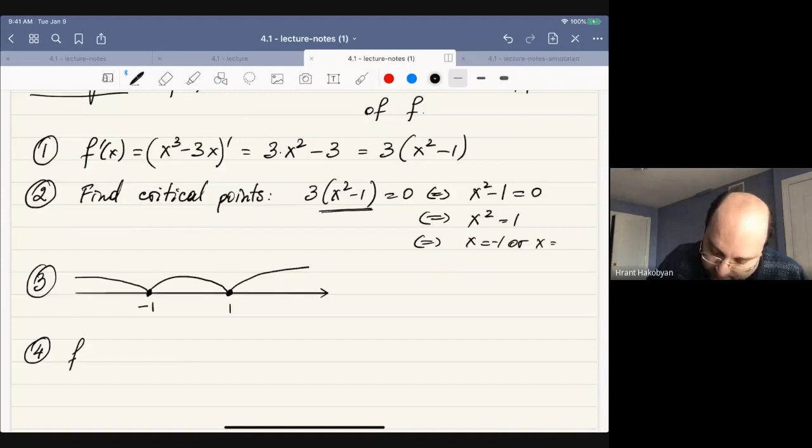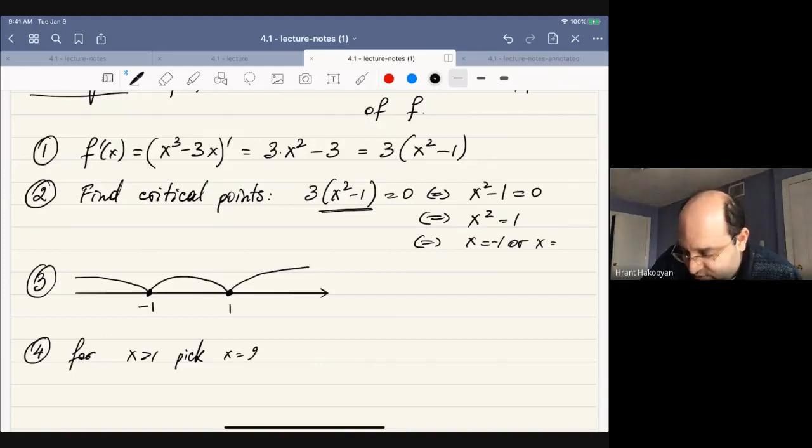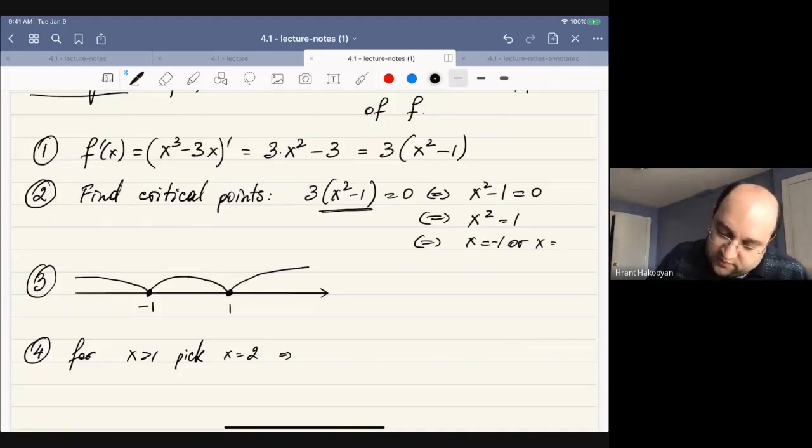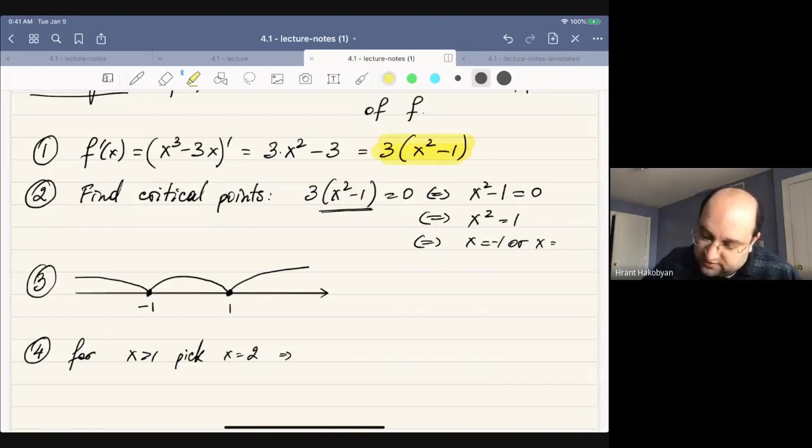So let's start from the right. For x greater than 1, pick x equals, let's say, 2, right? If I do that, then I have to find what the derivative is at that point. Here is the derivative, right? So I'm going to plug 2 into the derivative.